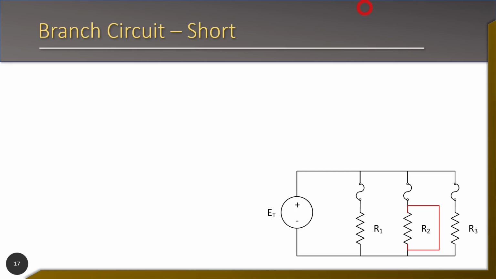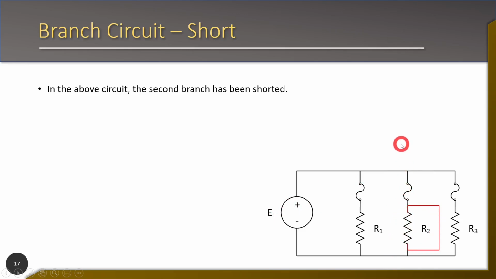Okay, let's look at how a short affects a parallel circuit. In the above circuit, the second branch has been shorted. We can see that here. So if that gets shorted, we'll have total voltage. Remember, voltage is common across each one of these branches, with no resistance.